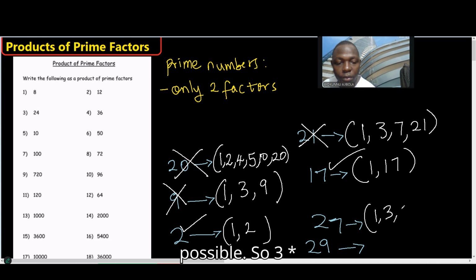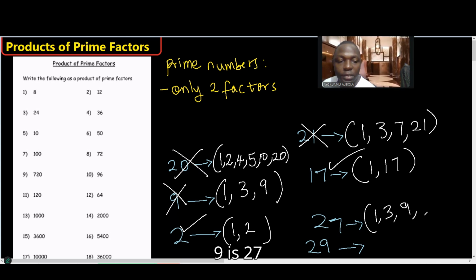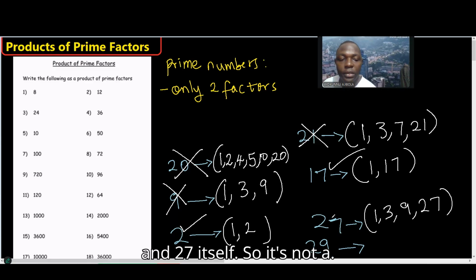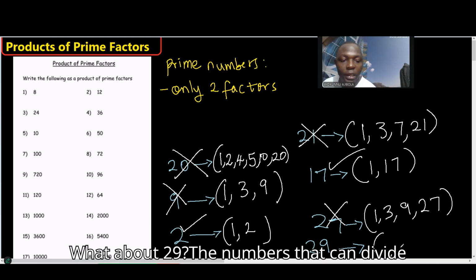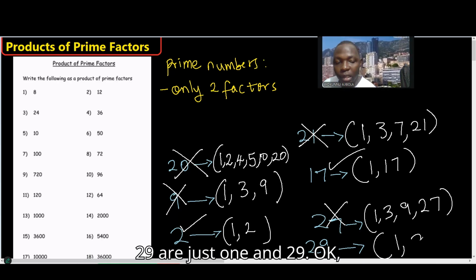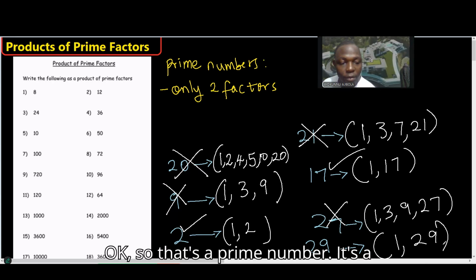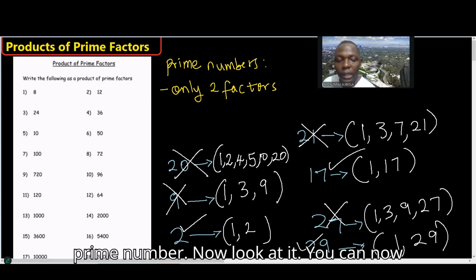That's not possible. And 3 times 9 is 27. And 27 itself. So it's not a prime. What about 29? The numbers that can divide 29 are just 1 and 29. So that's a prime number.